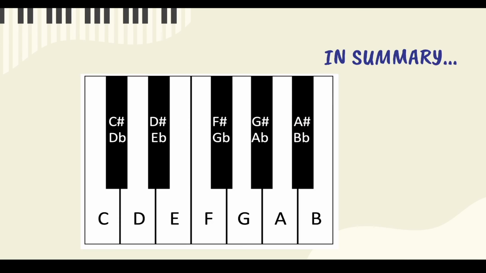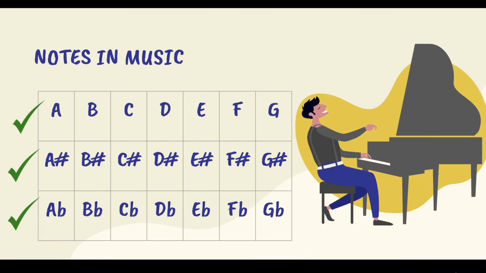For the white keys, it is the notes from the musical alphabet, C, D, E, F, G, A, and B. And the black keys are the sharps and flats. And you notice that the black keys can either be a sharp or a flat depending on which note you are looking for. And so we have seen how to look for all the different notes that we will use in music on the keyboard.